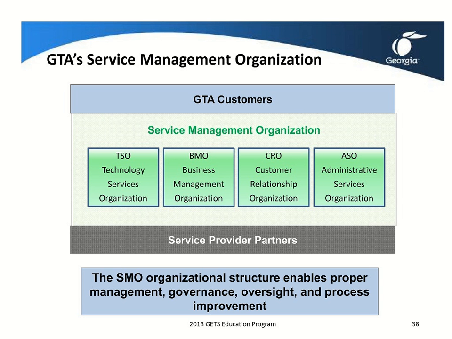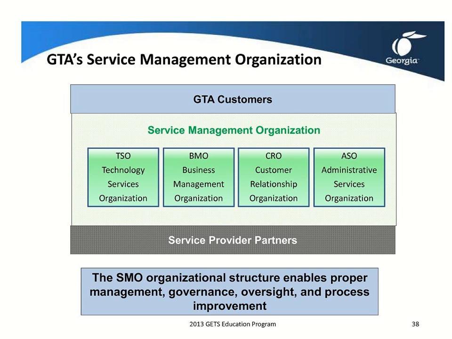This slide shows the service management organization where it functionally operates. GTA's SMO is dual-facing between the agencies and the service provider partners to facilitate those relationships. These are the SMO roles and organization.